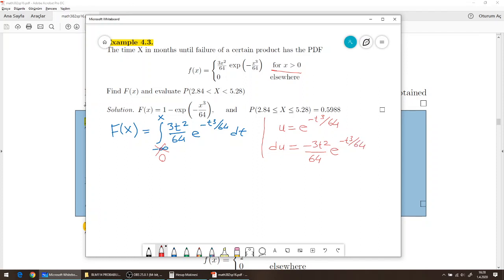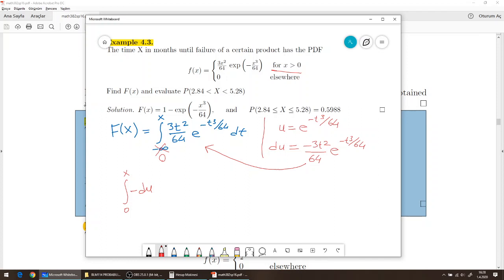As you see, this is very similar to our function. We have to make it similar to this one. In fact, it turns into the integral from 0 to x. This is minus du, pardon.